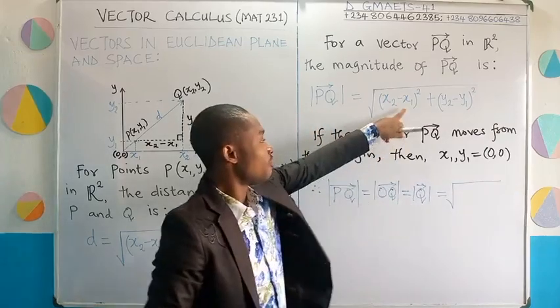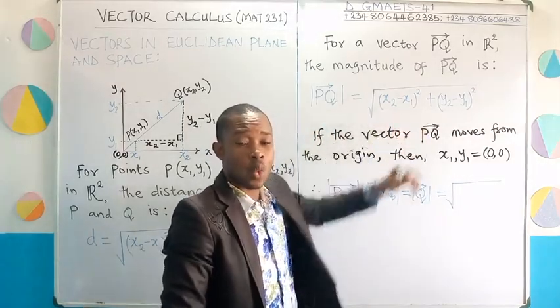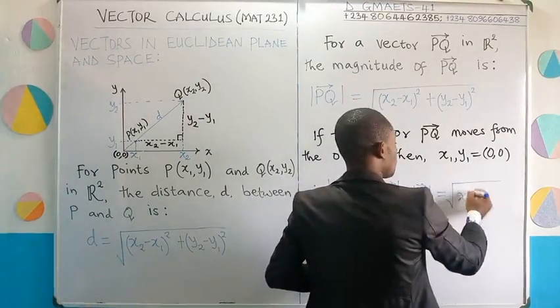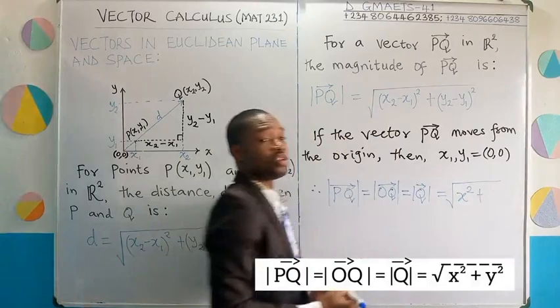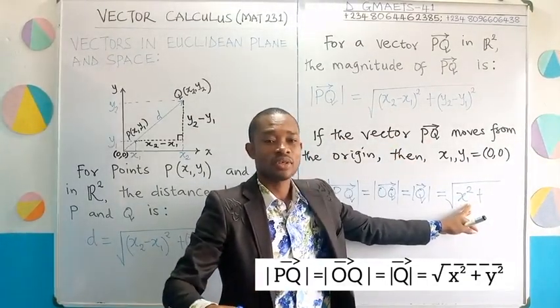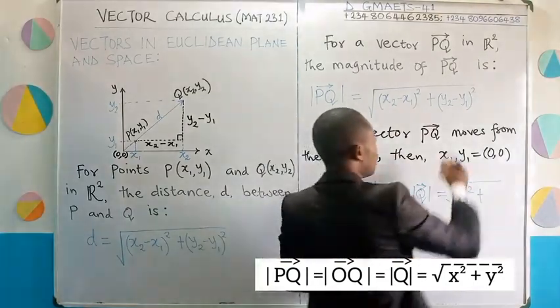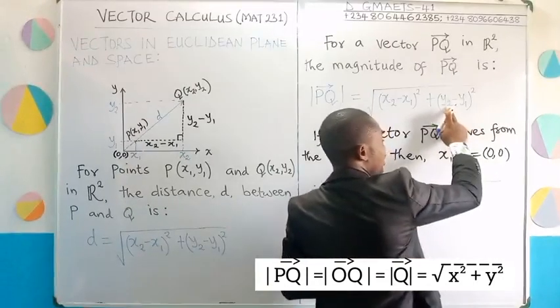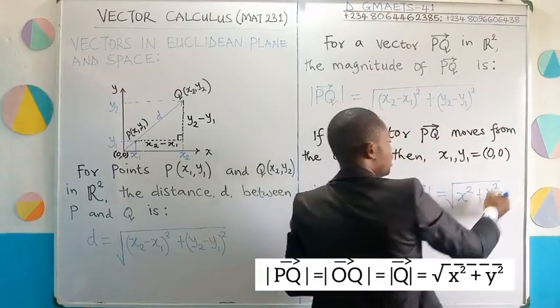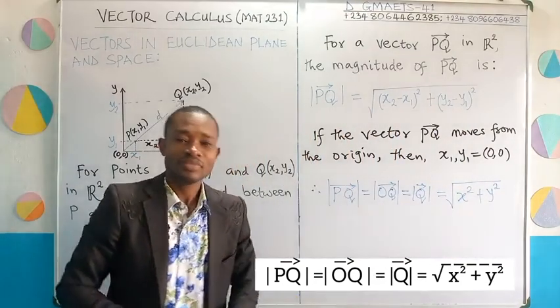If you substitute 0 for x1, we'll be left with x2 here, and this is simply x2 squared. No need of putting the subscripts. It's not necessary. Is that okay? And then for this, y1 is 0. We're now left with y2, which I can simply write y for, and then I will square it.